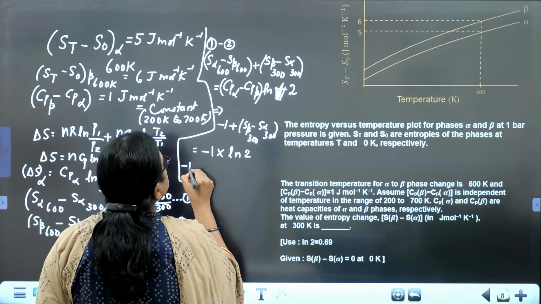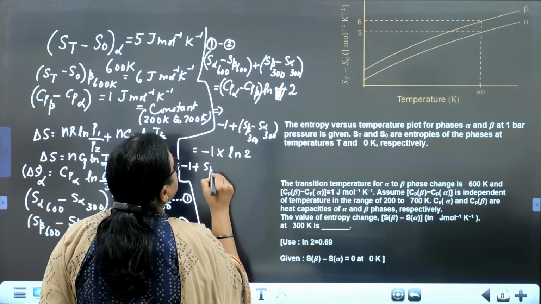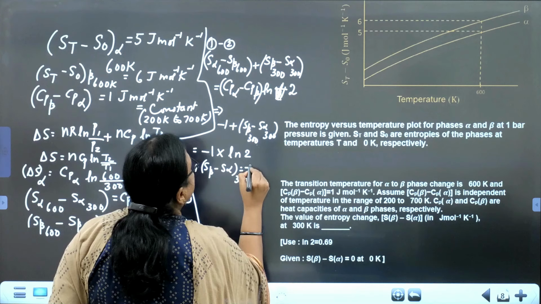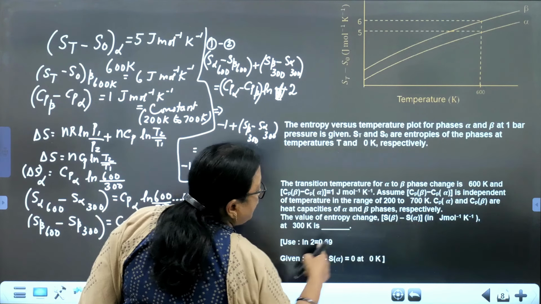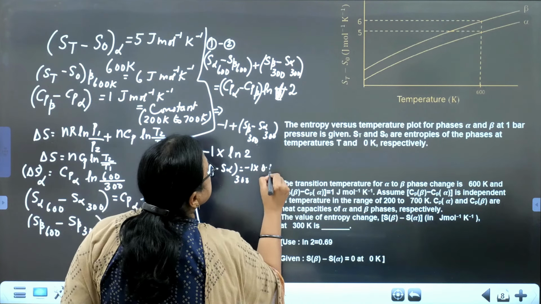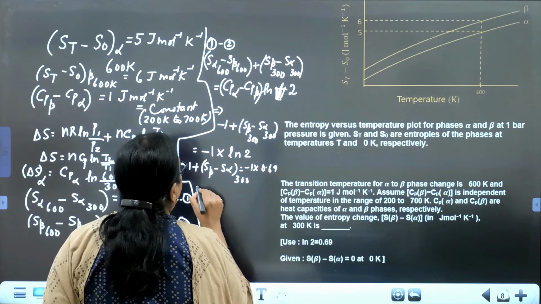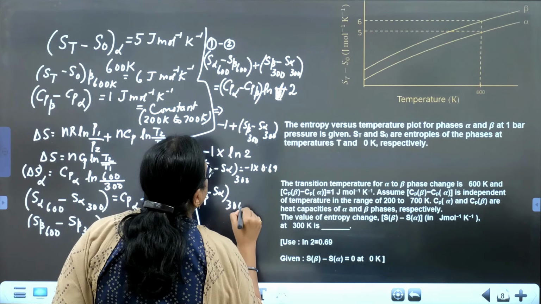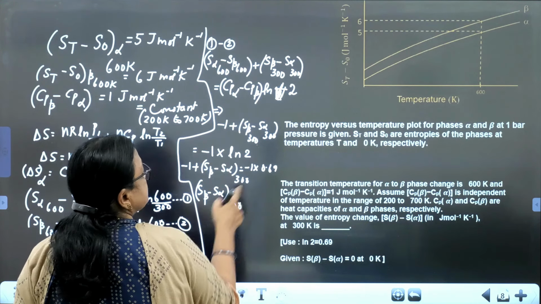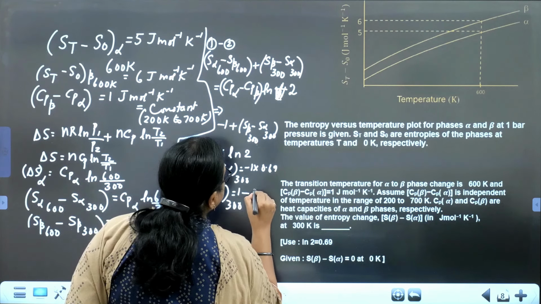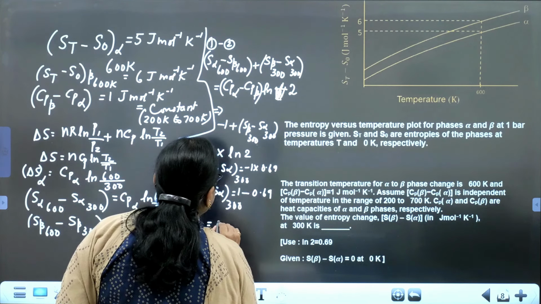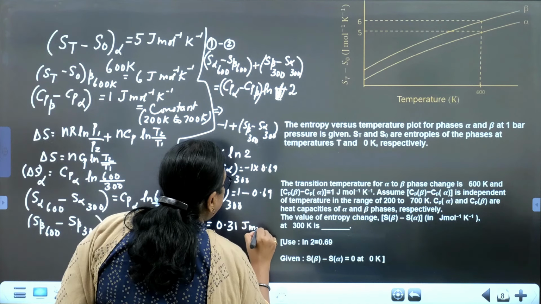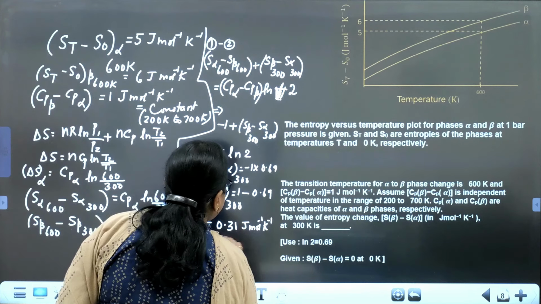Or minus 1 plus S beta minus S alpha at 300 is minus 1 into ln2, which is 0.69. Or S beta minus S alpha at 300 Kelvin is, you can bring this 1 to the other side, 1 minus 0.69, which is 0.31 joule per mole per Kelvin.